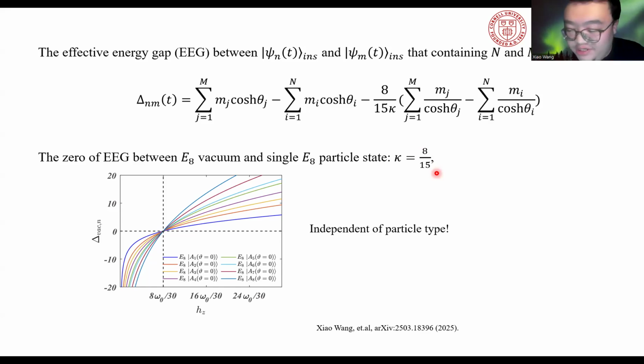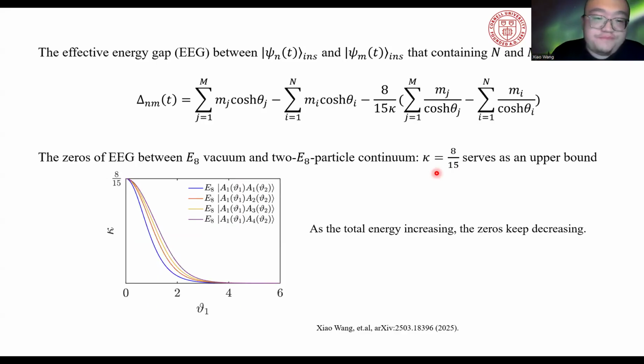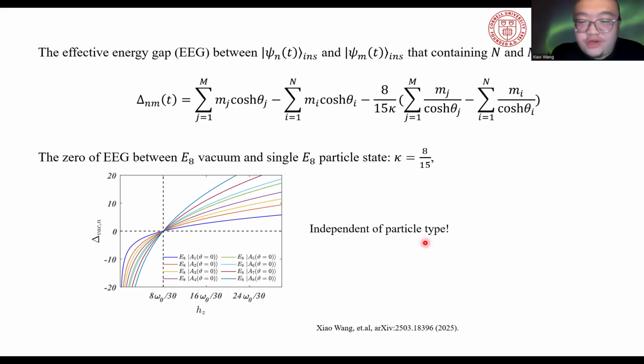In this field theory, you will find that the mass of the particles, which is a scale of the energy, is proportional to h to the 8 over 15 power, where h is the longitudinal field. So this is more or less a magic number of this quantum field theory itself. And this result is independent of the particle type itself.